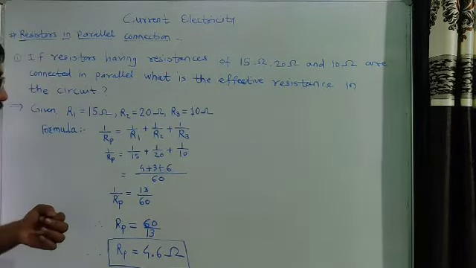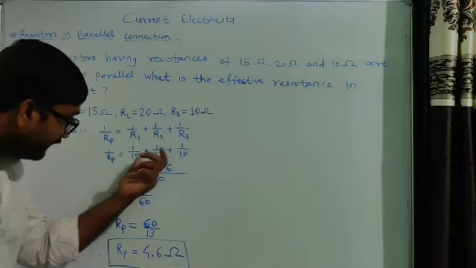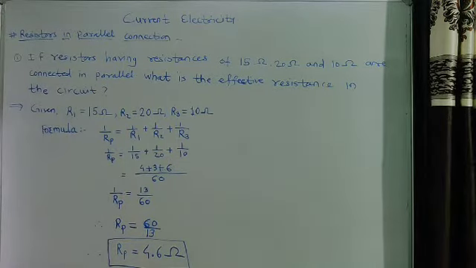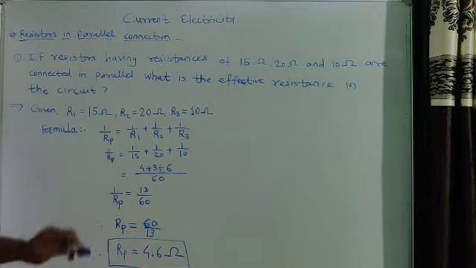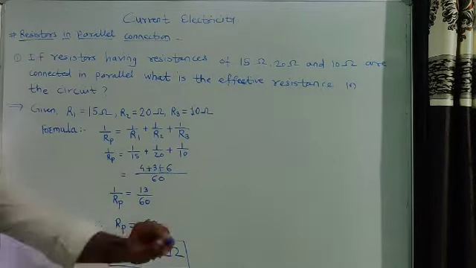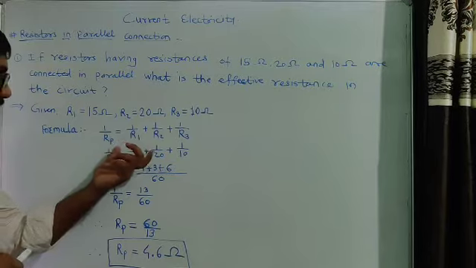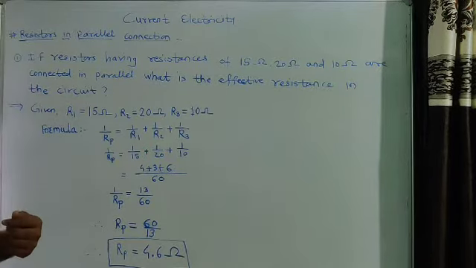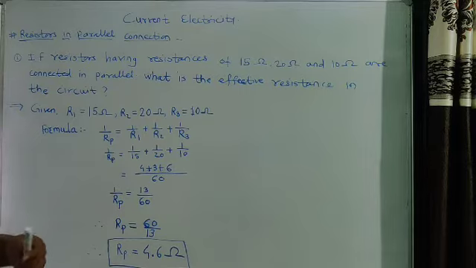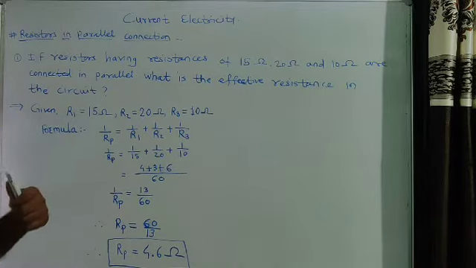Now we have to add these three quantities, but their denominators are not the same, so we can't add them directly. To add these quantities, first we have to make their denominators common, then we can add all three terms.